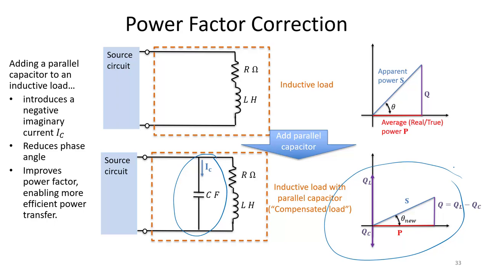This increases the real component of our complex power and enables more efficient power transfer. Basically, this is introducing some negative imaginary current, and it's offsetting some of that positive Q, or the reactive power. So you see that that parallel capacitor decreases our reactive power and increases our real power.